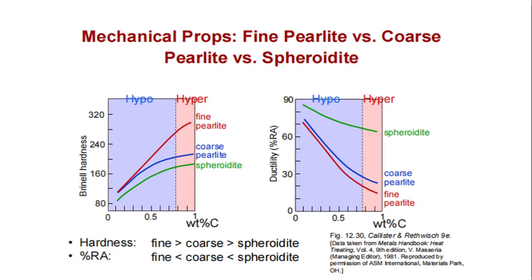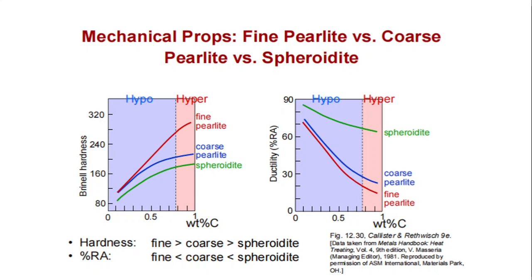The third case is where cementite is present in the microstructure in the form of round particles or spheroids in the matrix of ferrite. Such a structure is called spheroidite, and one of the problems with spheroidite is that it has low strength.